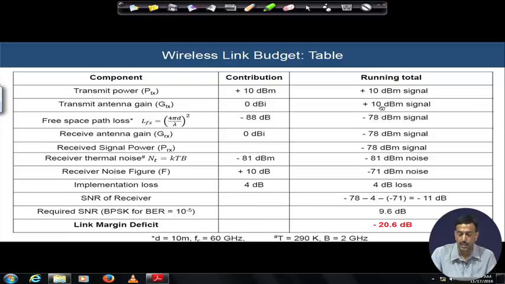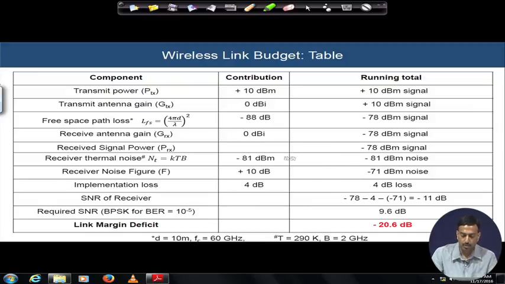Please note that you can perform this subtraction between dBm and dB values, provided the result is in dBm. So it's a valid subtraction. We again assume that we have no receiver antenna gain as well, and so the signal power at the receiver antenna remains at minus 78 dBm. So PRX basically is this value.